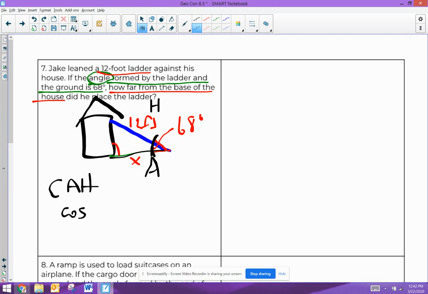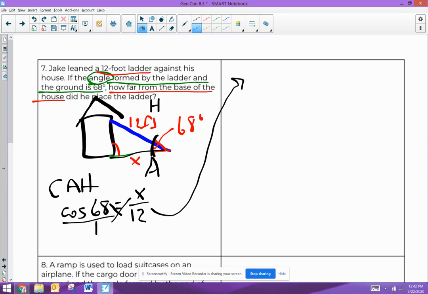So I have cosine. The cosine of 68 is the adjacent over the hypotenuse. Okay, we have it. Now we're going to cross multiply and keep it going.